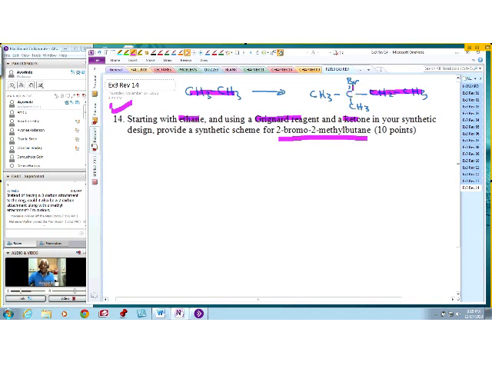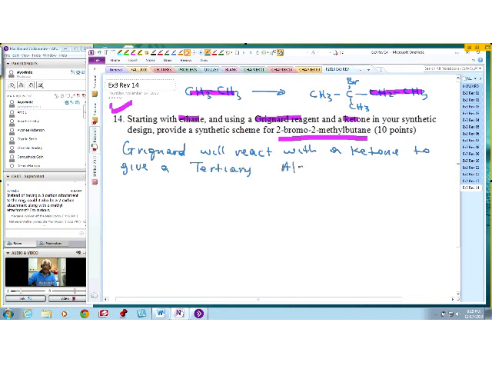So now the question you need to ask yourself is, since they tell you to use a Grignard, everybody must know that a Grignard will react with a ketone to give a tertiary alcohol.